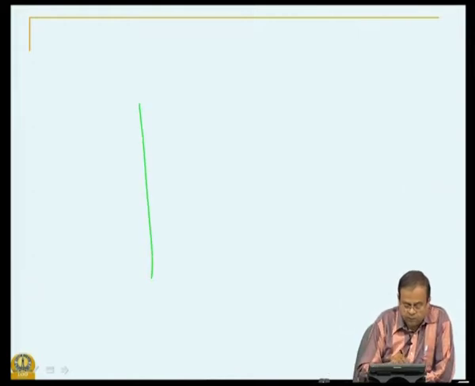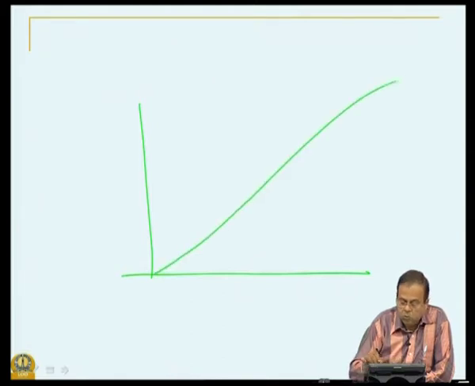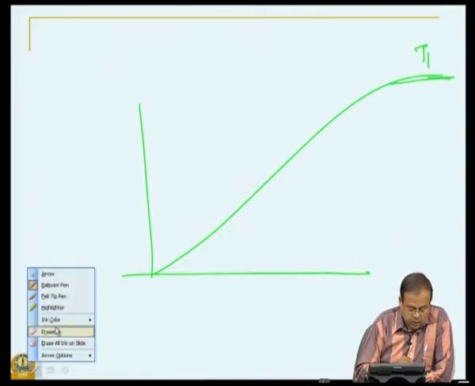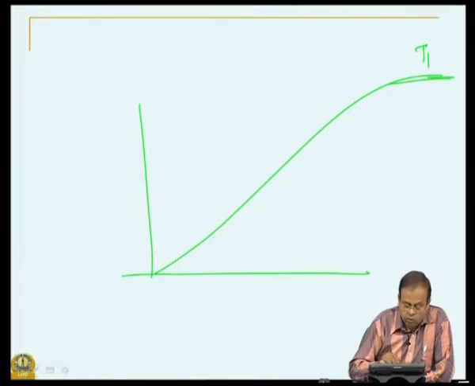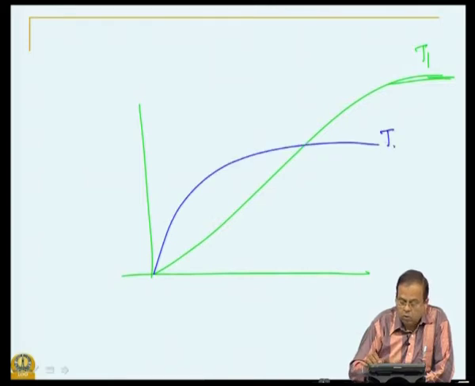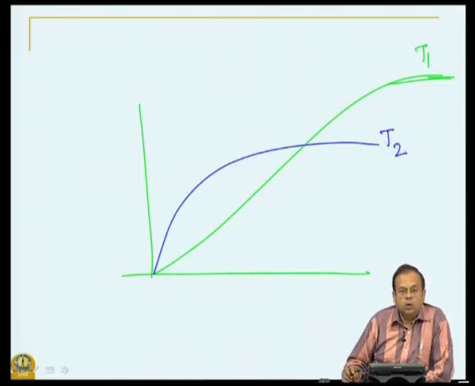Or in other words, let me plot it. This will be at temperature T1, and at some other temperature T2, a lower value, but lower equilibrium conversion.